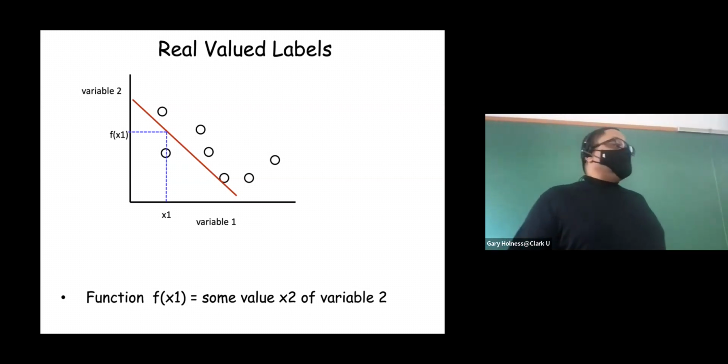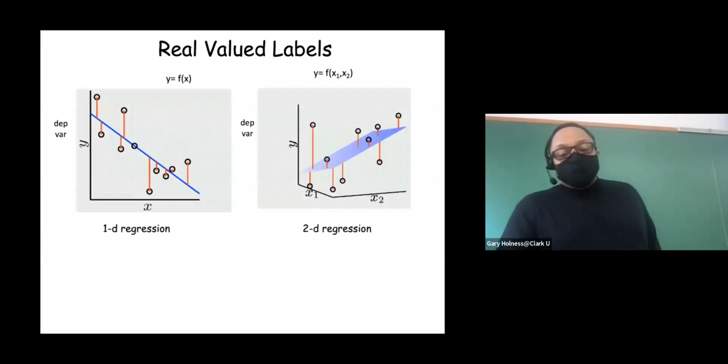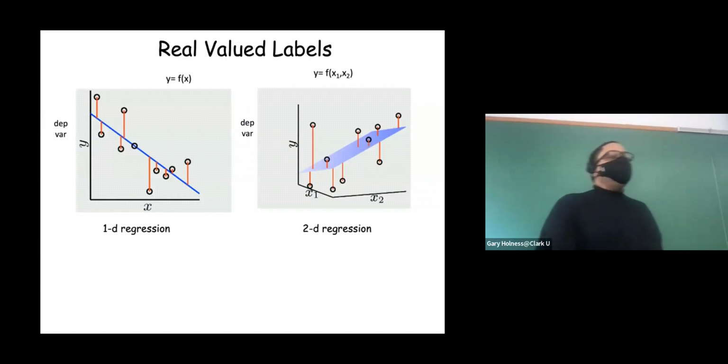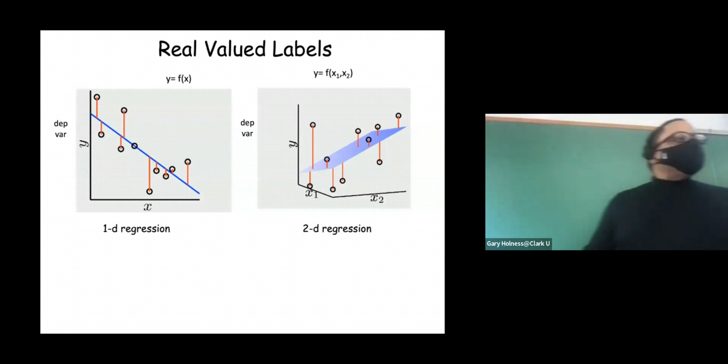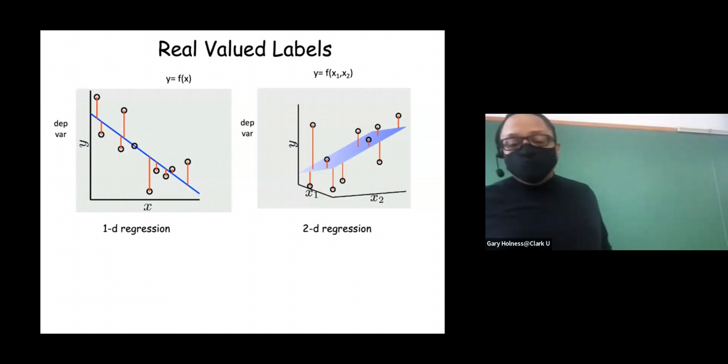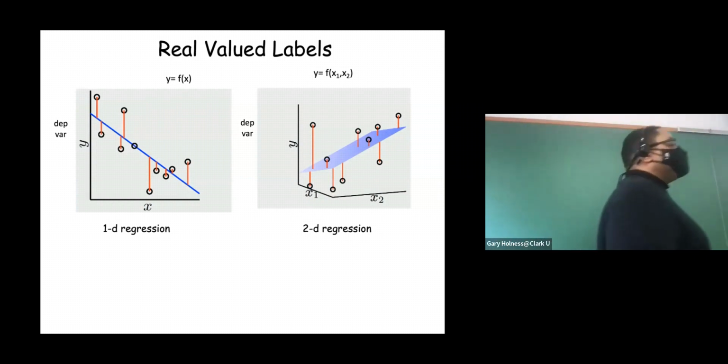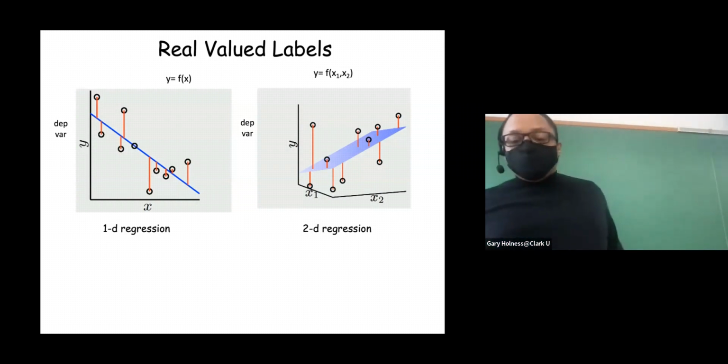Any questions? No? And so we talked about what a so-called 1D regression is, or 2D regression, and the dimensionality, and this is very careful terminology here, the dimensionality of the regression model is different from the dimensionality of the feature space. And so here on the left, we have a three-dimensional feature space. We have x1, x2, and then we have this vertical axis going up and down, our y-axis.